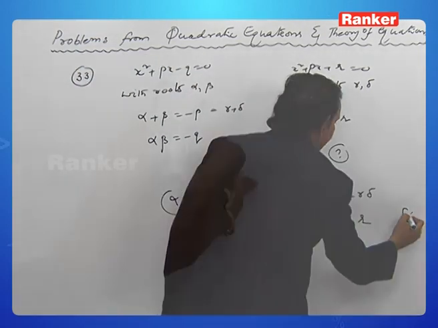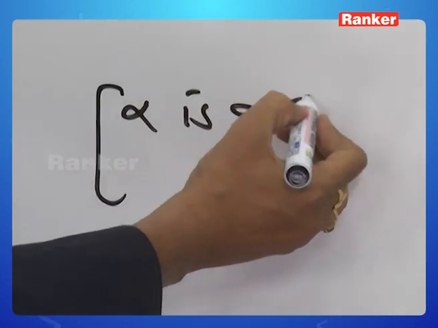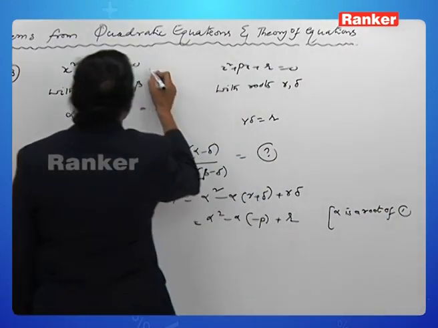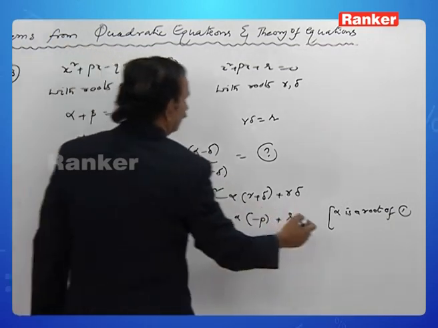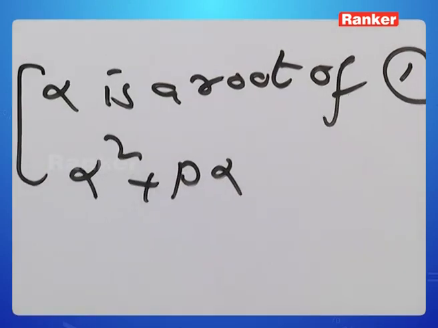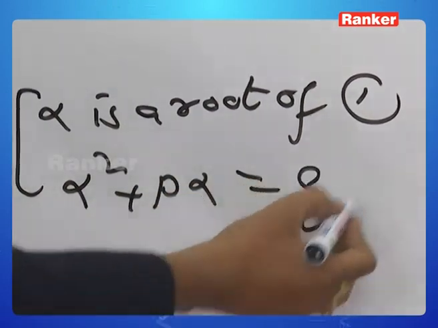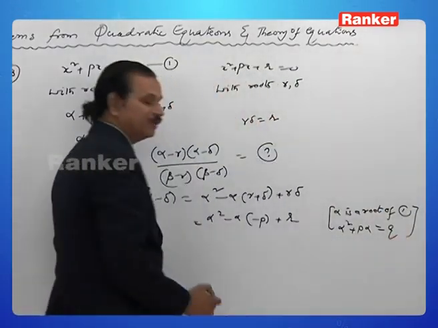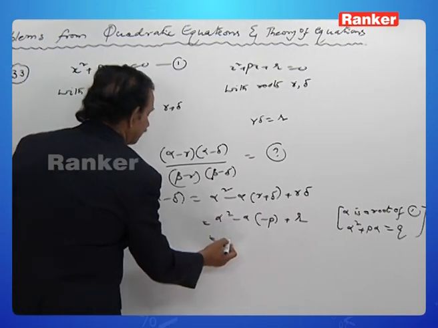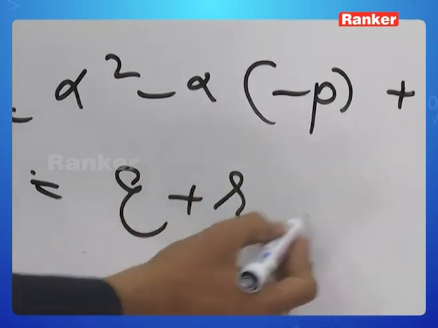Therefore, alpha is a root of the first equation. Let me call this equation 1. Implies alpha square plus p alpha minus q is equal to 0, or alpha square plus p alpha is equal to q. In the place of alpha square plus p alpha, you can write q, that is q plus r.